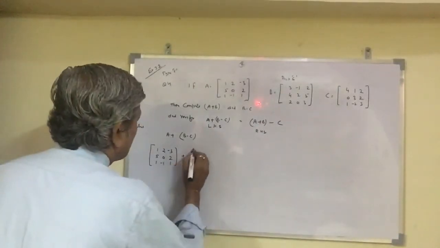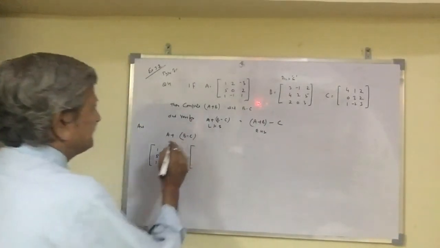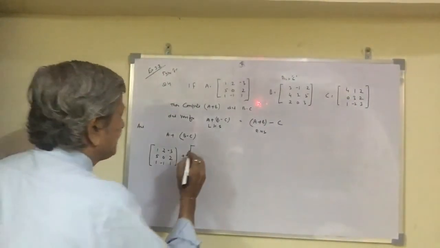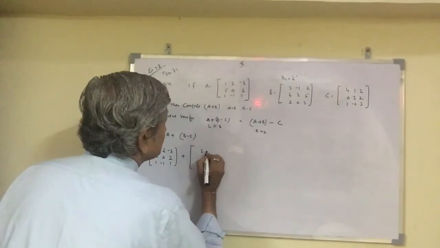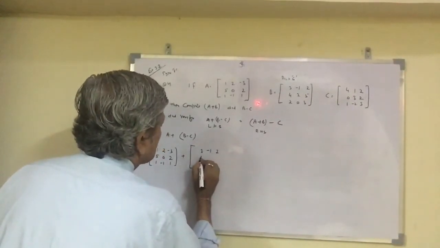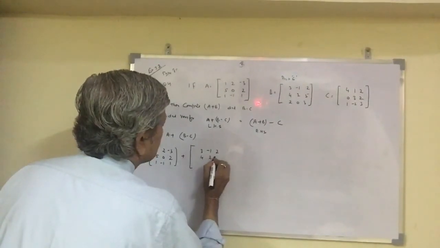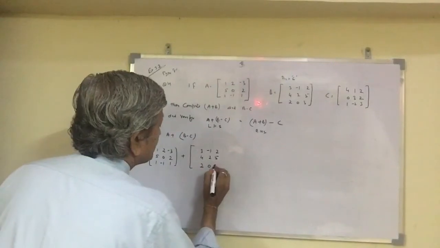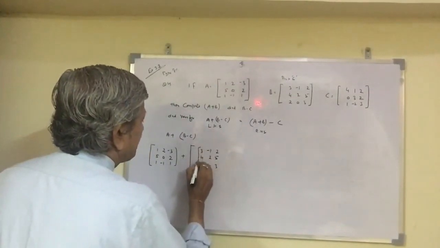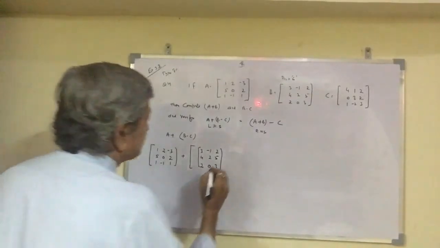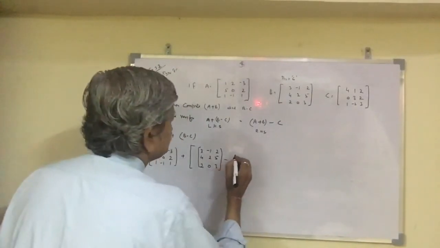Now in the B part I will first solve B minus C. B will be 3, -1, 2, 4, 2, 5, 2, 0, 3. Now this matrix is B, and from B I will subtract C.